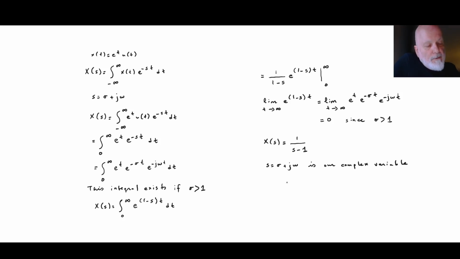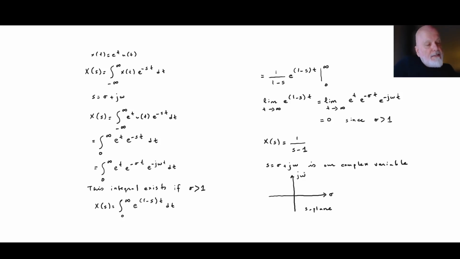So we can just draw or sketch the complex plane, which is called the S-plane. This horizontal axis is the real axis, which is denoted by sigma, and the vertical axis is the imaginary axis, or the j omega axis.